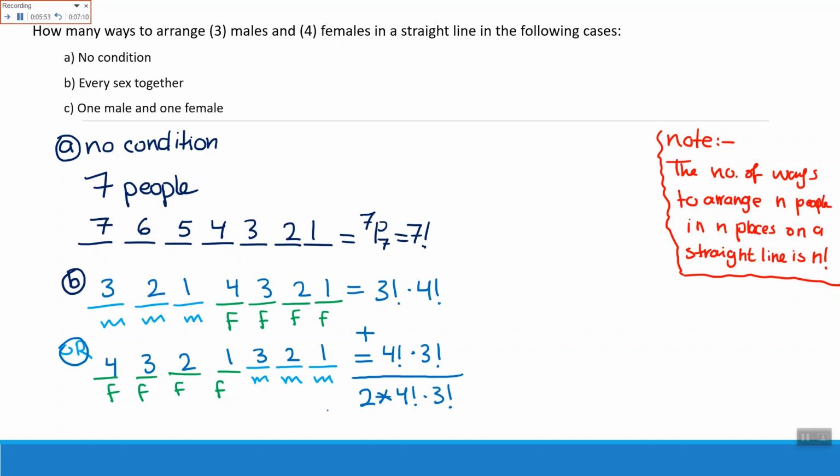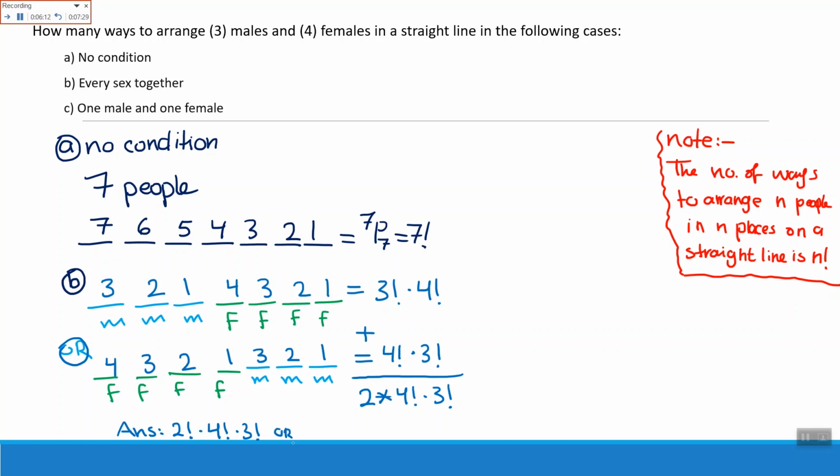In the previous class, we've seen that this answer can be written in many ways. We can write it as 2 factorial times 4 factorial times 3 factorial.